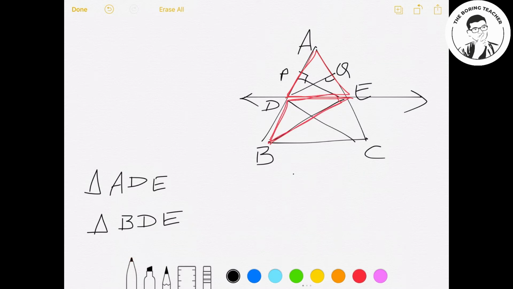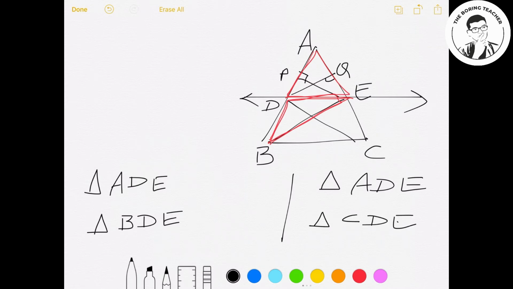And similarly, for the second case, we are going to take the same triangle ADE, which remains the same in both the cases. So triangle ADE, and another triangle is CDE. That means for the second case, I am going to take triangle ADE and triangle CDE, the triangle at the right side. Is this getting clear?